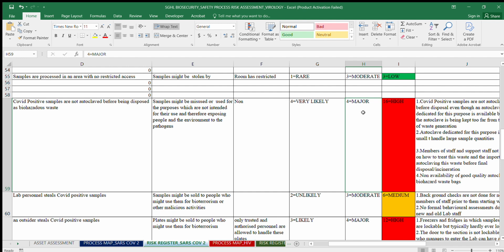But sometimes your consequence will not only be affected by the severity of the disease that someone will get after they get exposed. The consequence under security can also be affected by the impact on you, the people who were keeping this agent. One, the impact that this release will have on the hospital.